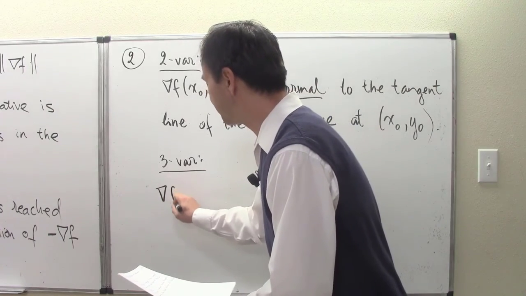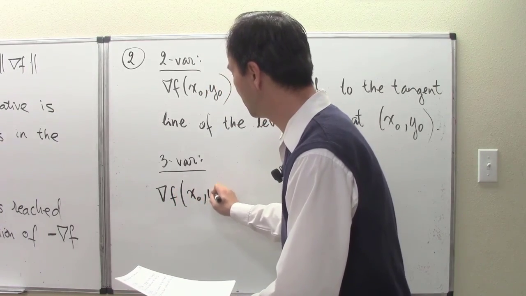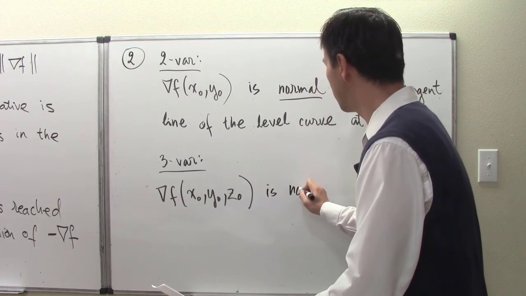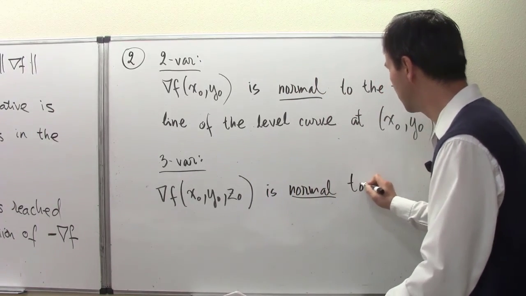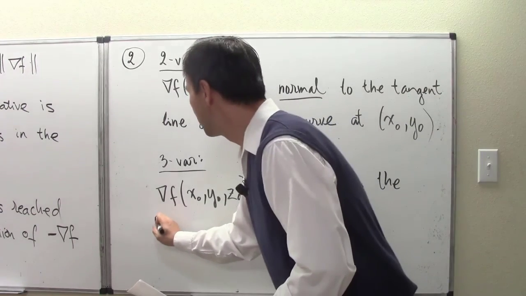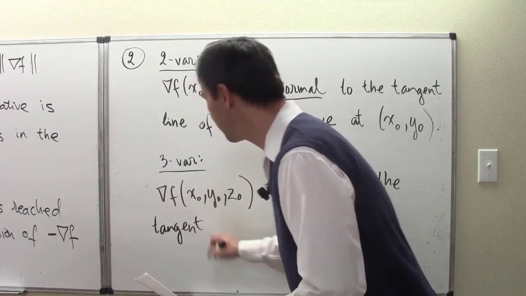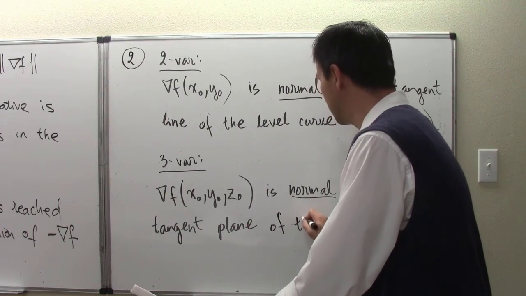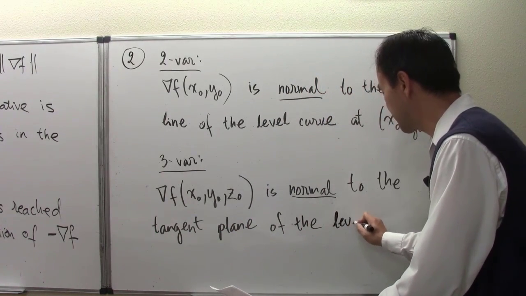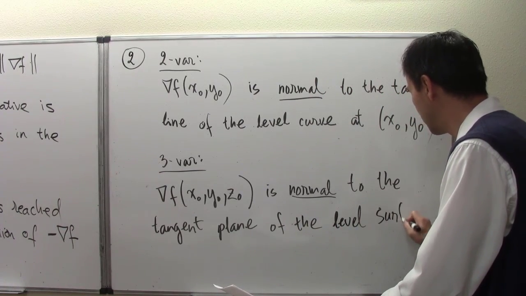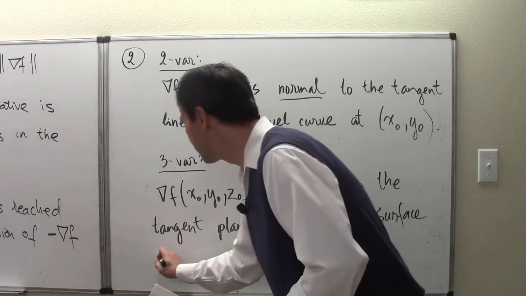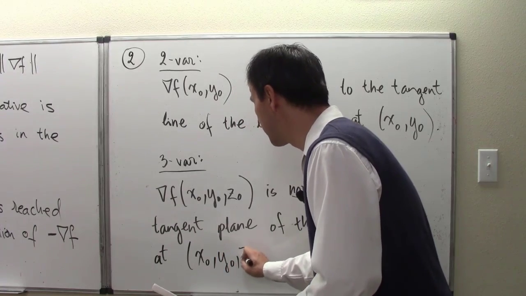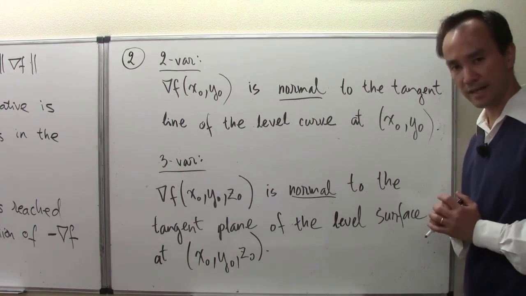The gradient vector at x sub 0, y sub 0, z sub 0, for a function of 3 variables, is normal to the tangent, but no longer a tangent line, a tangent plane, of the level surface at the designated point x sub 0, y sub 0, z sub 0. That's property number 2.